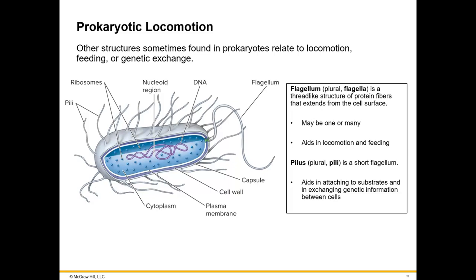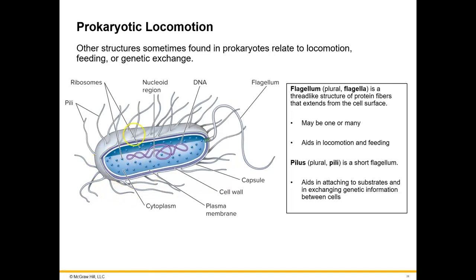Here you can see an example of that. You can see we've got our ribosomes that are scattered throughout, which have the responsibility of making proteins. You can see the nucleoid region is just wherever the DNA hangs out. So that's the general region that the DNA tends to exist in.